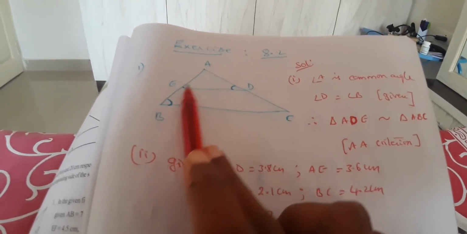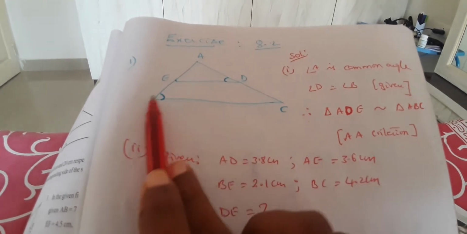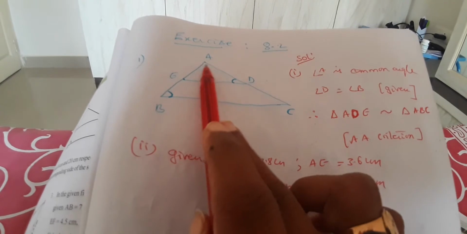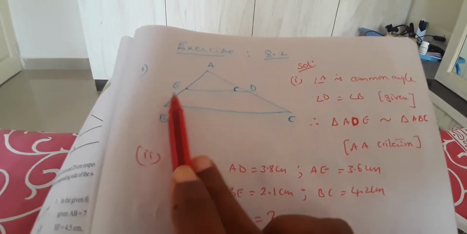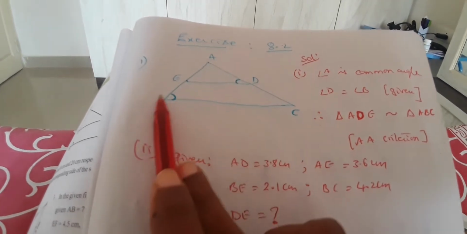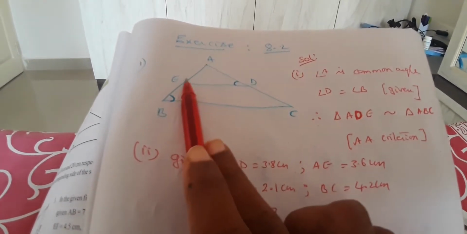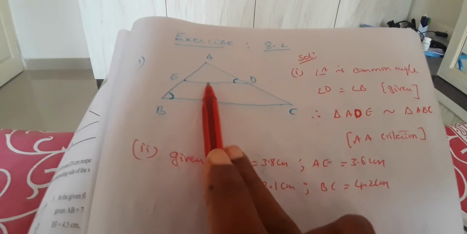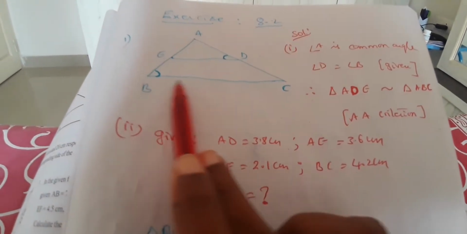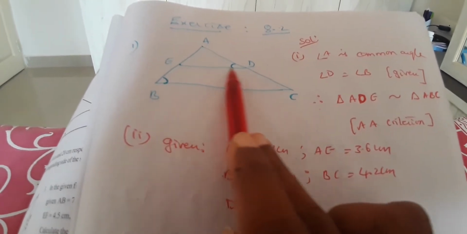He didn't give AB directly. From the diagram it is very clear that AB is equal to AE plus EB. So we have to see that AD is given and the corresponding side is given. And suppose any one of these two is given, you can find out the other one. So let us see which one is given. BC is given. Our job is to find out only this much.